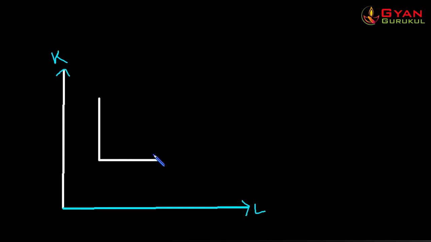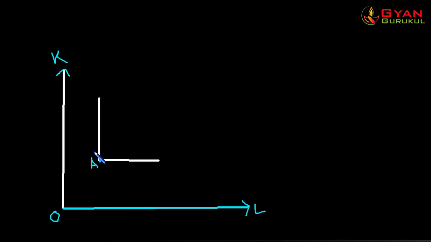Yes. Now this is another form of isoquant. Let me denote this point as point A. Now see, this kind of isoquant we see when the two factors of production are perfect complements.